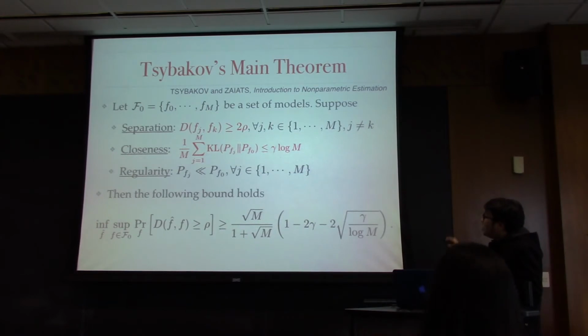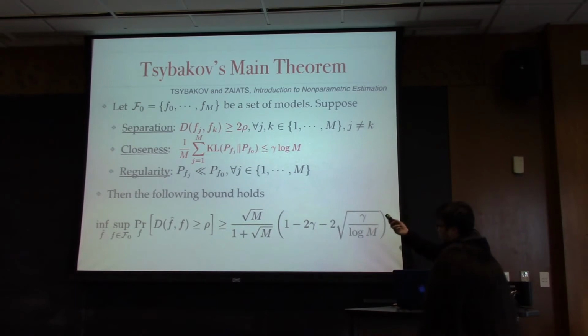So though Fj and Fk are well separated in terms of distance, I still cannot distinguish between Fj and Fk from empirical evidence, because the KL divergence is so small that I need a lot of samples to distinguish between them.